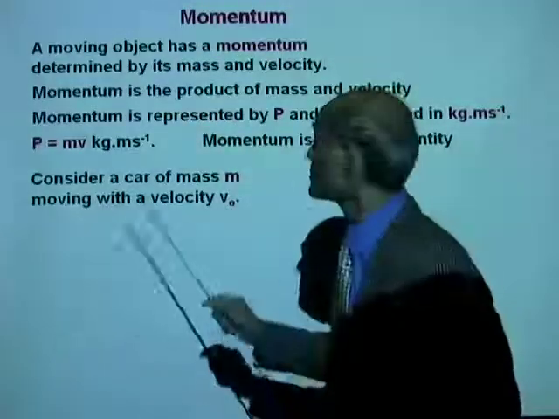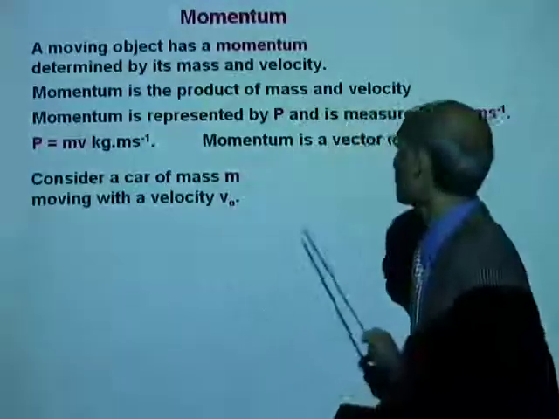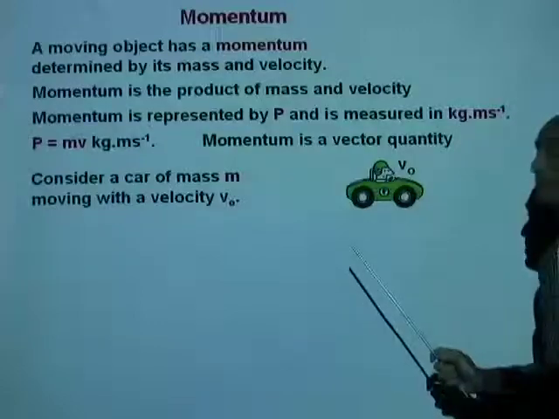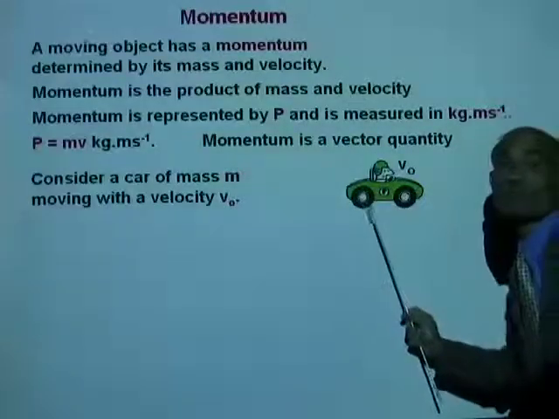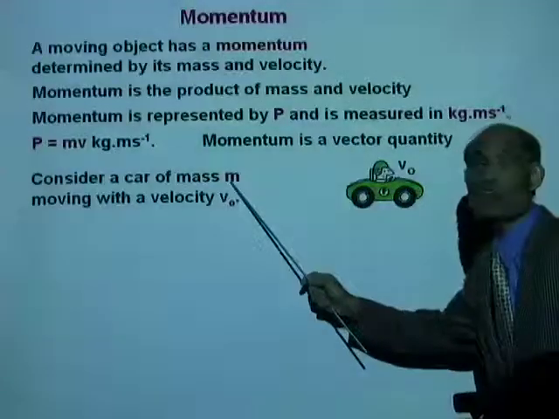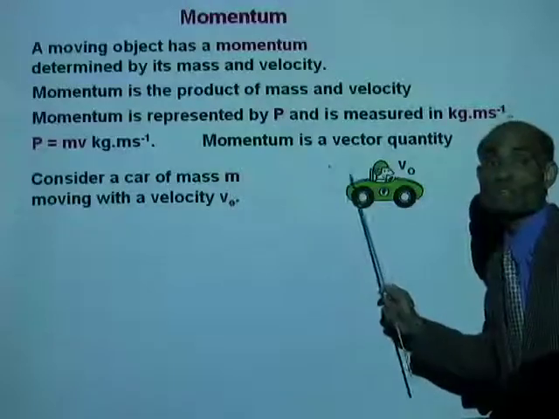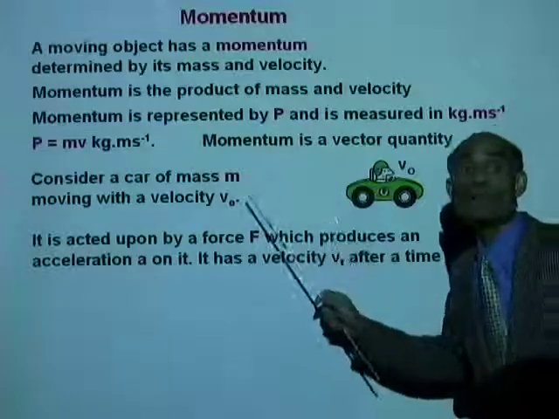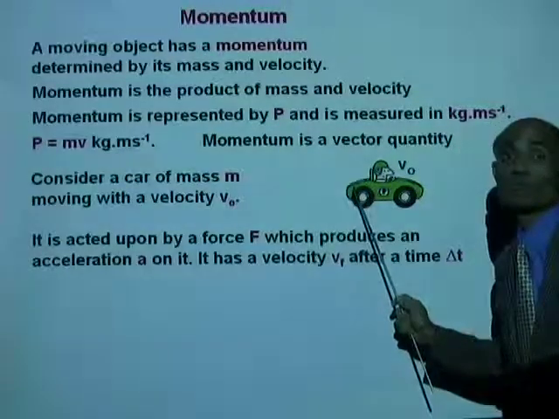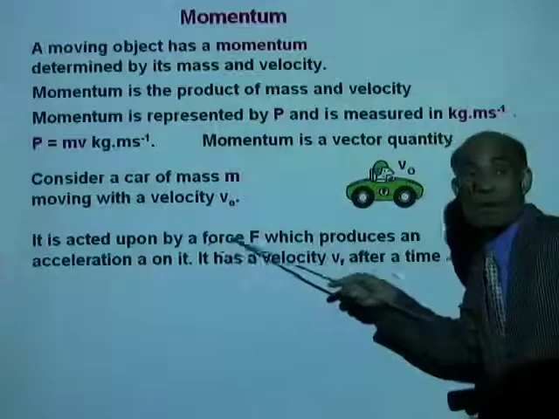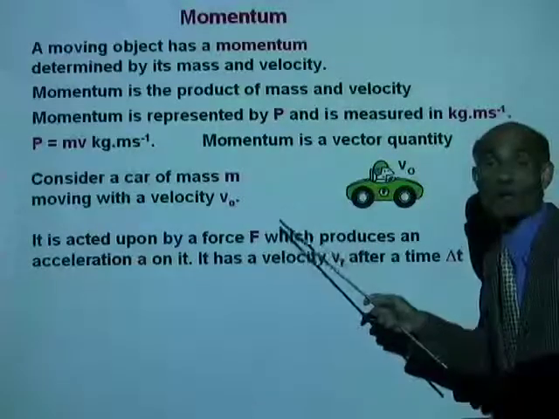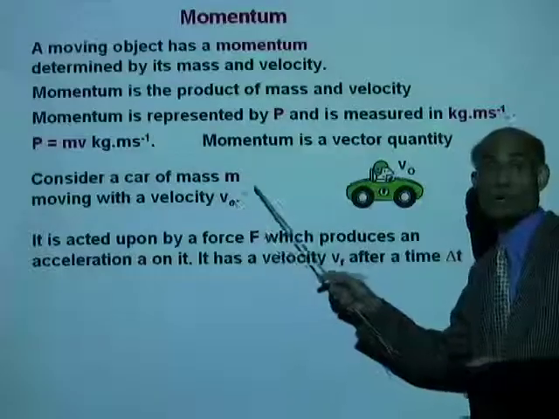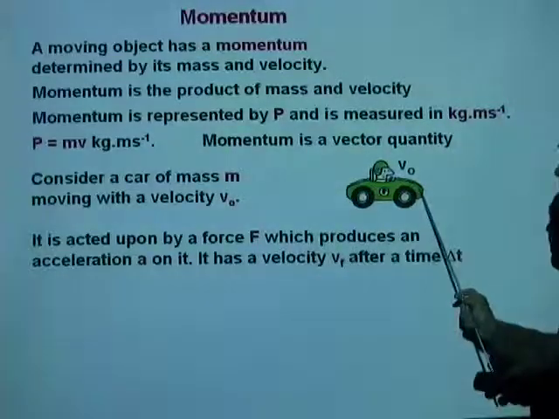Okay, let's consider a car of mass m moving with a velocity v0. What is the momentum of this car? Its mass is m, its velocity is v0, therefore its momentum is m times v0. Let's now apply a force F on this car so that its velocity changes from v0 to vf.